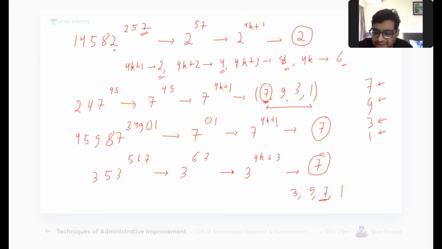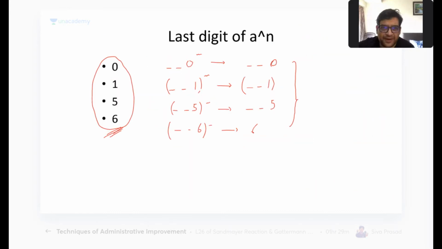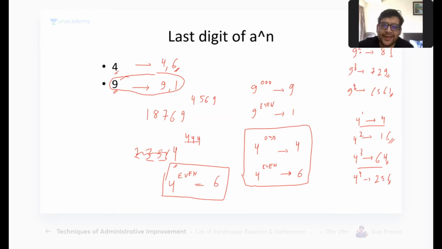So I will just quickly recap what we have done till now. First case, when the numbers are ending in 0, 1, 5, or 6, no calculations required. Directly you can say if it is 0, answer is 0, 1 is 1, 5 is 5, 6 is 6. Second case is when it is 4 or 9. In case of 4, you can get two answers, 4 or 6.